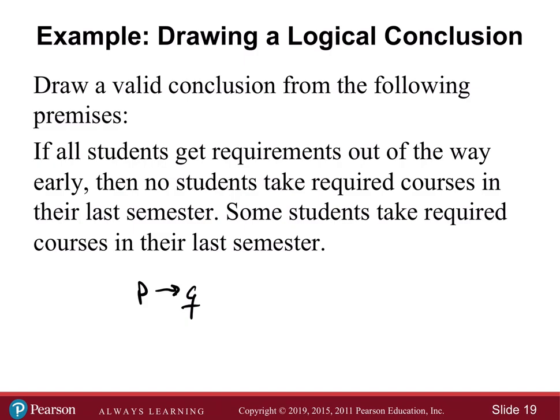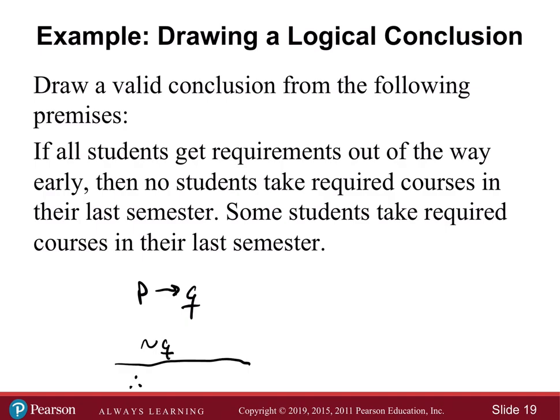And then the next premise is some students take required courses in their last semester. So then we would say that's basically not Q. All right, so then the conclusion should be what? Therefore. So these 3 dots means therefore.